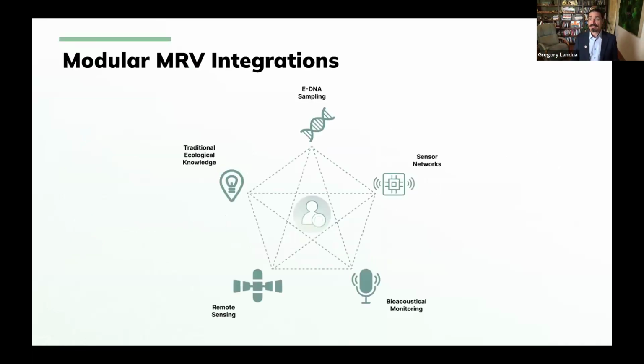So speaking of MRV, we integrate multiple different sources of data. So as new sources of monitoring mature, we can integrate them at will. And so for projects like Terrasos, we've already metabolized their existing reporting system.